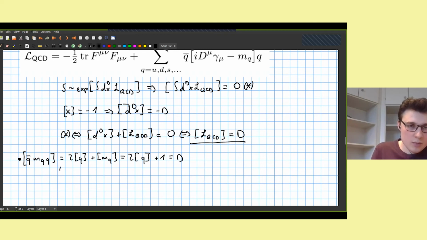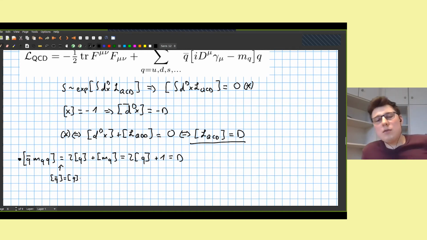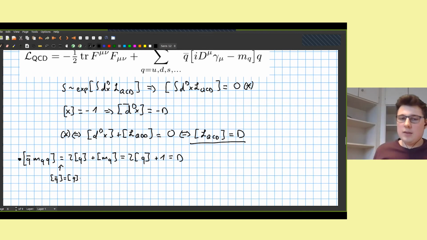At this point here, we also use that the Hermitian conjugation does not affect the mass dimension. So of course, Hermitian conjugation operates on a whole different level than the mass dimension. Okay, so that's easy then.